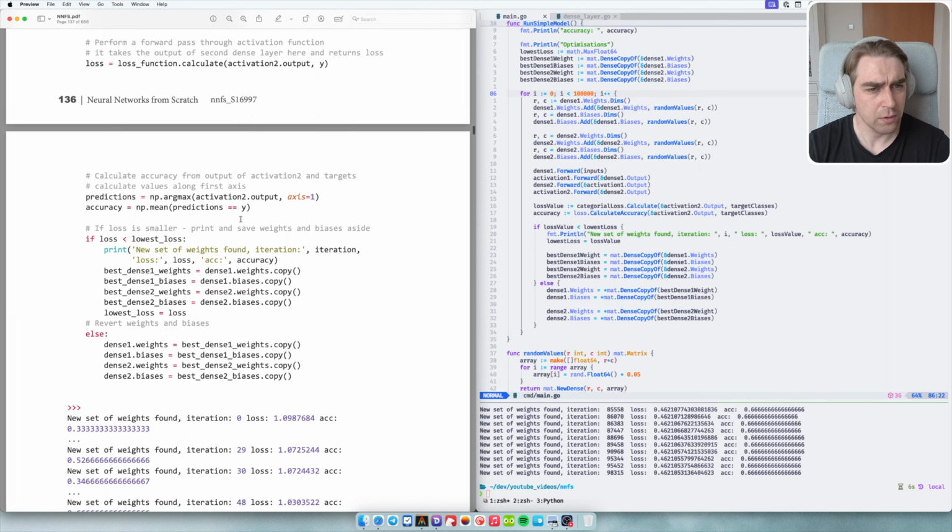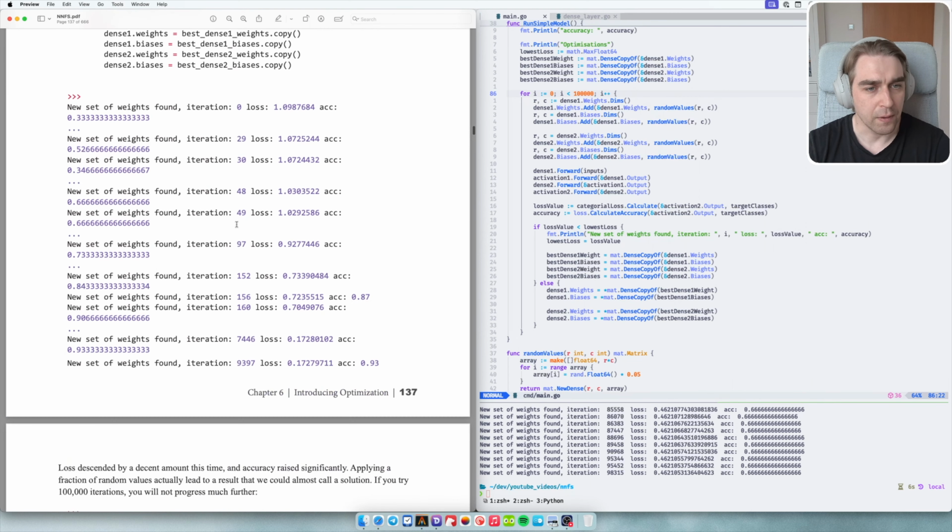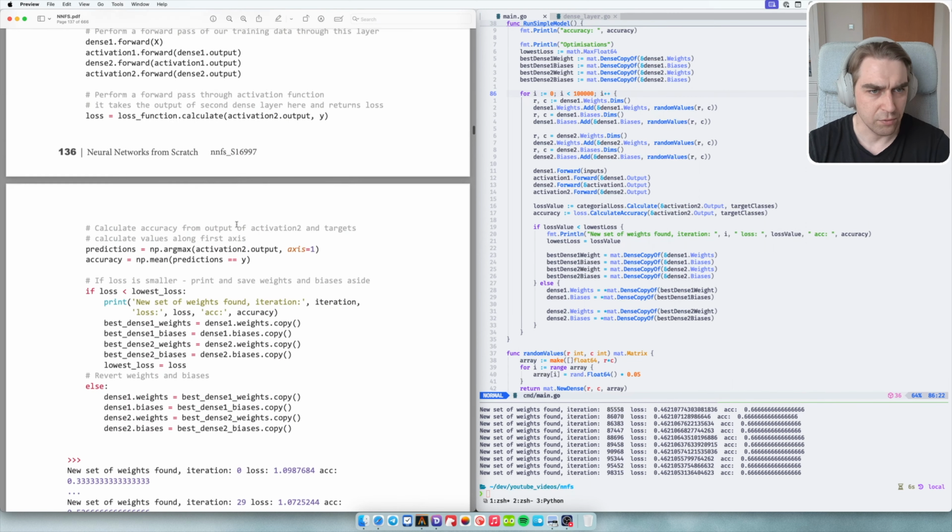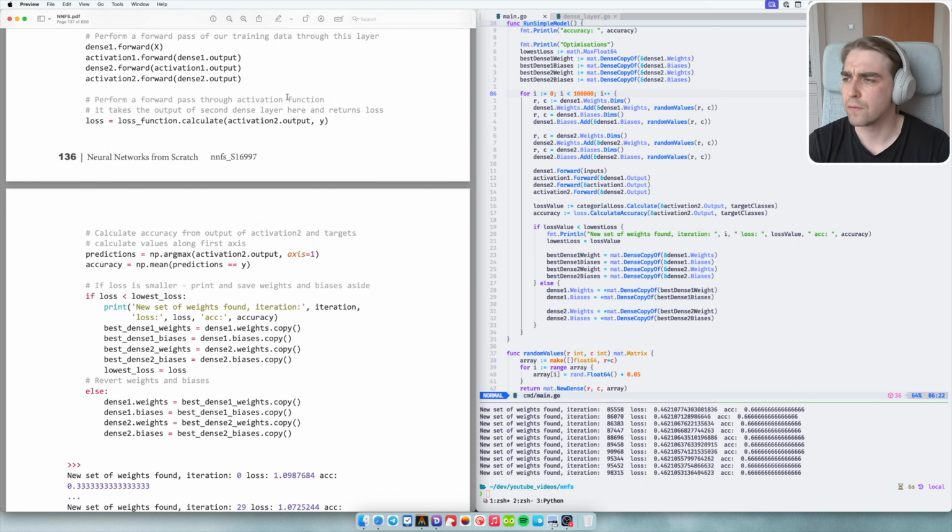In the previous video, we finished with first optimizations. The optimizations that we implemented were not that good, because at first we tried to randomly find the set of params that will have the best loss and accuracy, and the number of possible combinations of the params is just infinite.